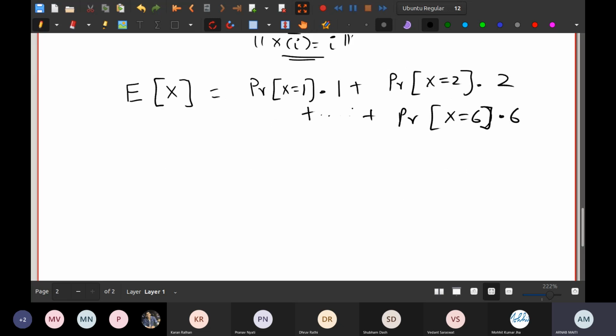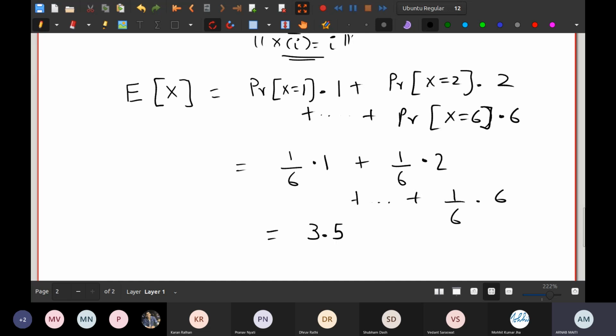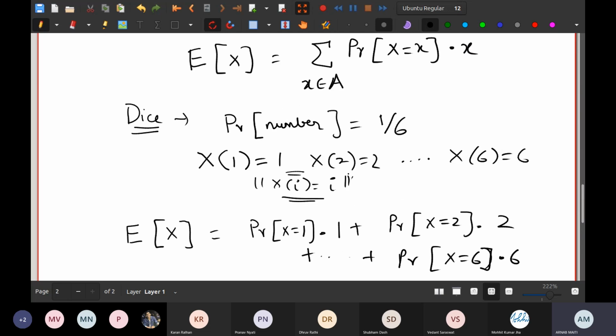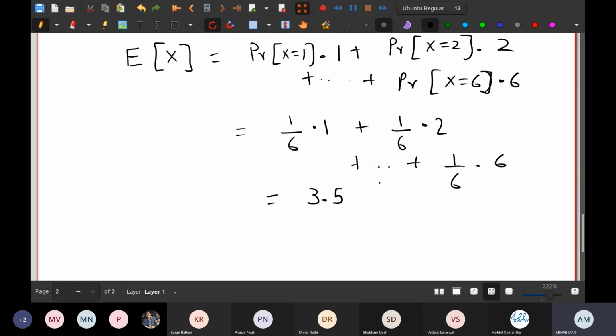In our case, every probability is the same, so we'll have 1/6 times 1 plus 1/6 times 2 up to 1/6 times 6. This will be 3.5. Since every probability is the same, this is nothing but the average. But if you have a biased dice, these probabilities might be different for every number. So in that case, the expectation will change.